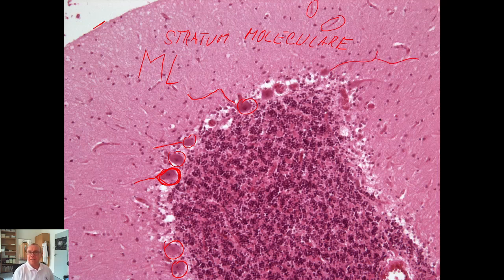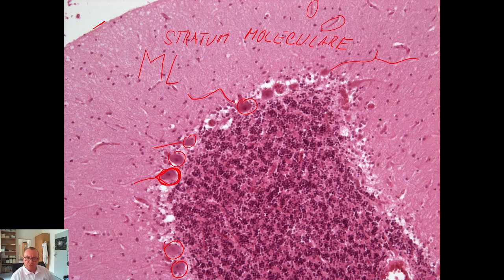These are dendrites of Purkinje cells. They are well visible, better visible than axons, because they can contain Nissl bodies or some ribosomes, so they are basophilic and so well visible in the otherwise eosinophilic neuropil.